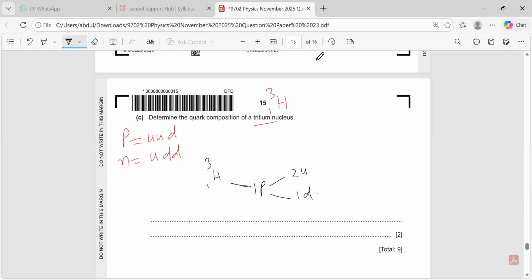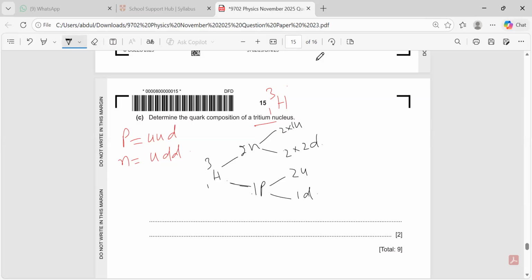Okay, and then it has two neutrons. Each neutron has one u, so it means 2 times u, and then 2 times 2 down, because down are 2 there already. So you can write here 1 u even. Okay, now this is basically the quark composition.